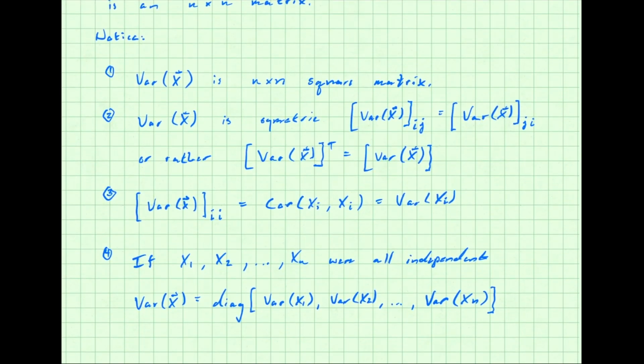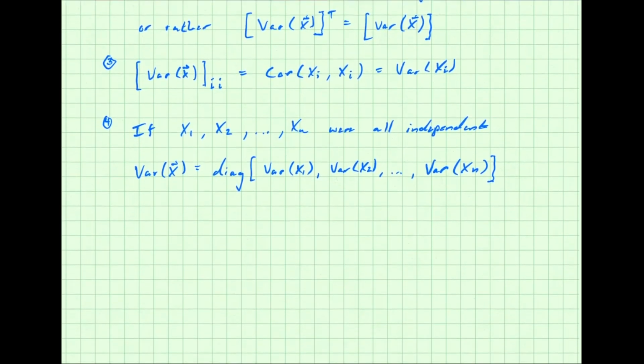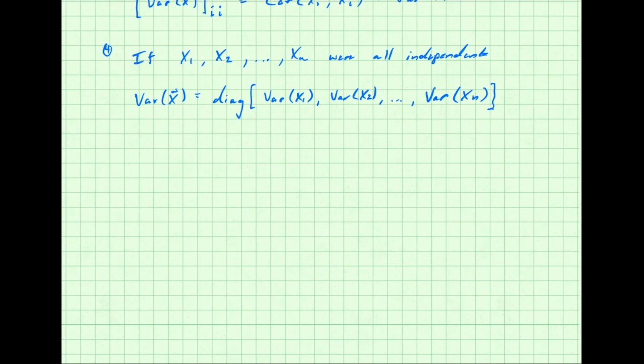There's a lot of useful things to do with this matrix. In fact, a lot of statistical analysis starts out right away by creating this matrix. All right, and so now I'm going to make a claim that I will prove.